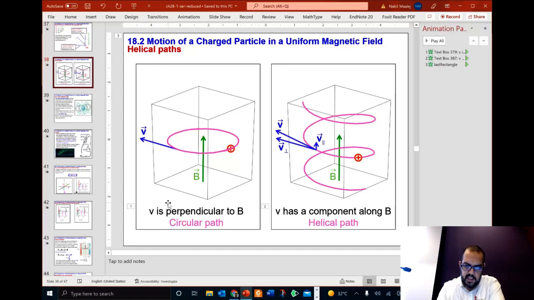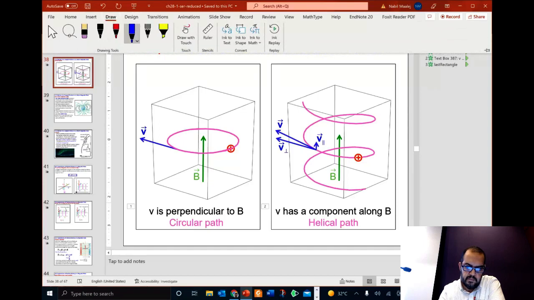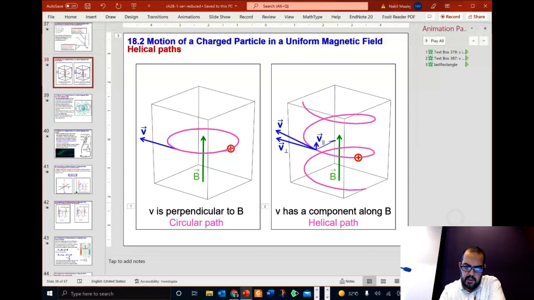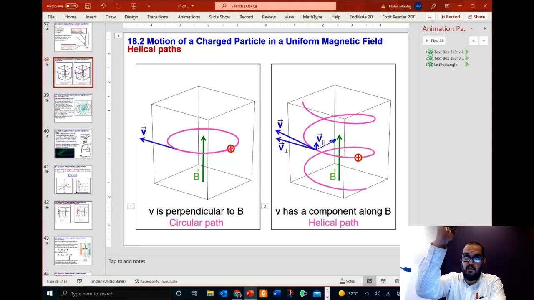The centripetal force will only be due to the perpendicular component. However, the parallel component of the velocity will cause it to still move with a constant velocity in the upward direction. So it will follow a helical path.